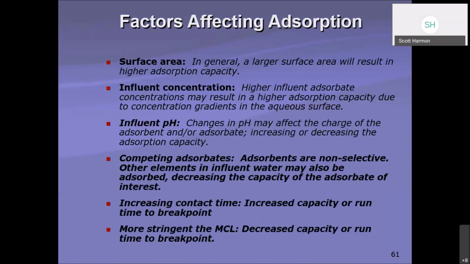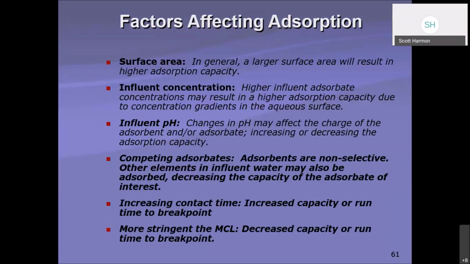These are factors. Surface area: in general, larger surface area will result in higher adsorption capacity. Well, no, that's a no-brainer, right? Influent concentration: higher influent adsorbate concentration may result in higher adsorptive capacity due to the concentration gradients in the aqueous surface. Wow, that's even over my head.